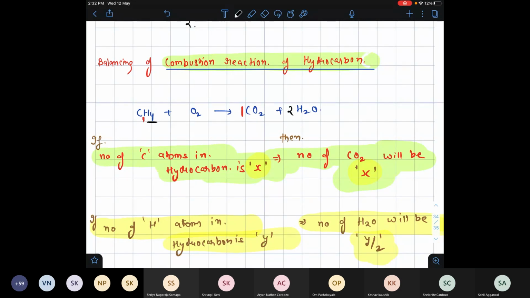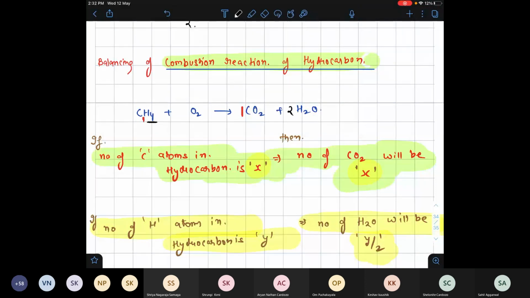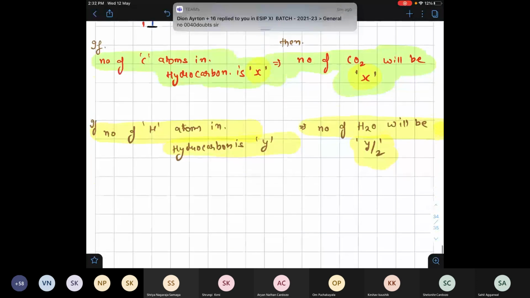So here will be 2 water. Any doubt? Why is it Y by 2? Because one water has 2 hydrogen. So we have to take half of it.